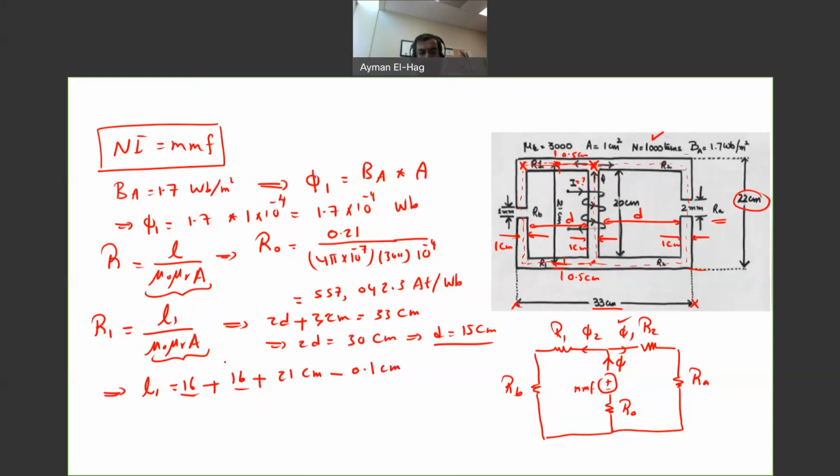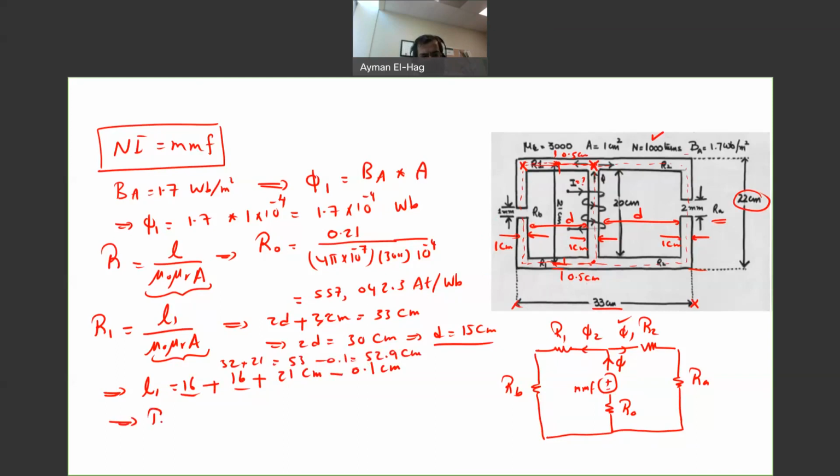So this is equal to 32 plus 21, which is 53, minus 0.1, which is 52.9 centimeter, or 0.529 meters.